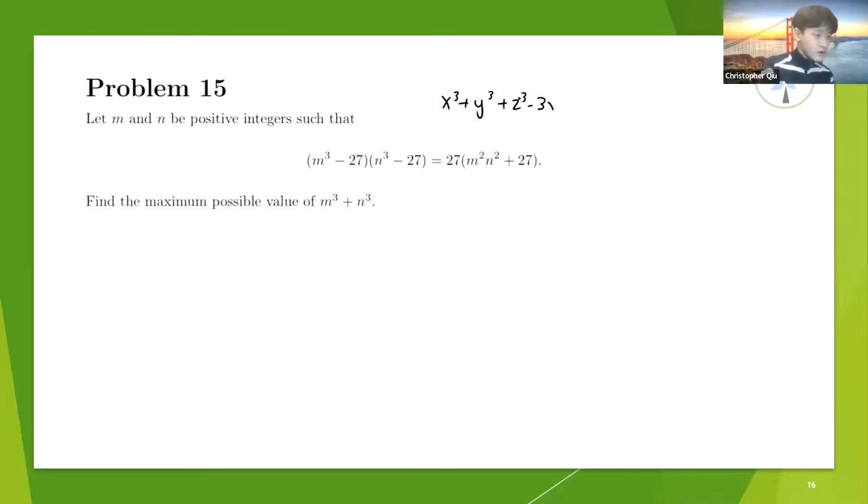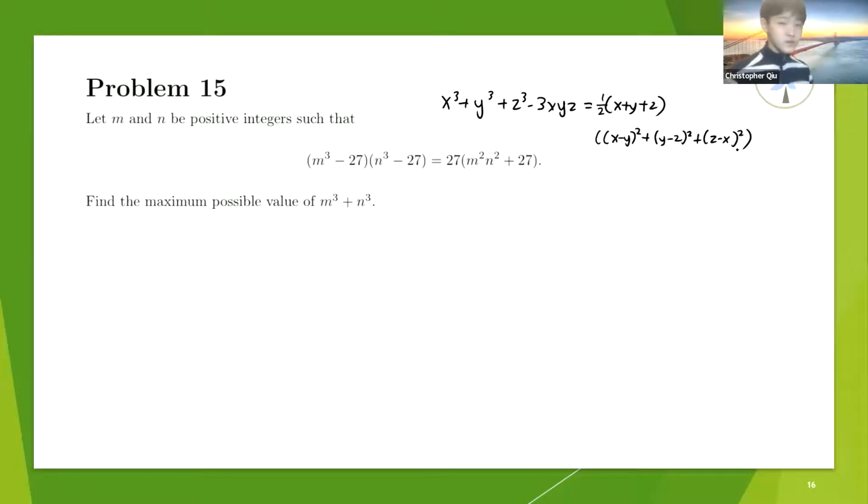That is equal to a half times x plus y plus z times (x minus y) squared plus (y minus z) squared plus (z minus x) squared. So this factorization will come in handy when we've done some manipulations to this equation over here.